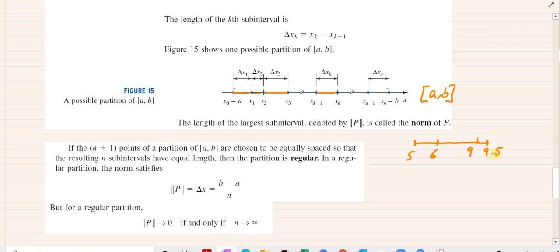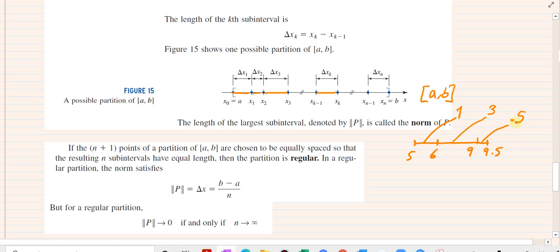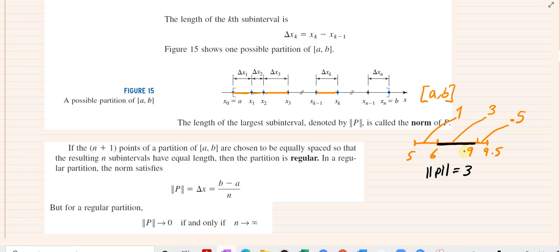The length of the first piece is 1 unit, this subinterval is 3 units wide, and this one is 0.5. The longest subinterval runs from 6 to 9, so we say that the norm of this partition is 3. It's the length of the largest subinterval. That's what the norm is.